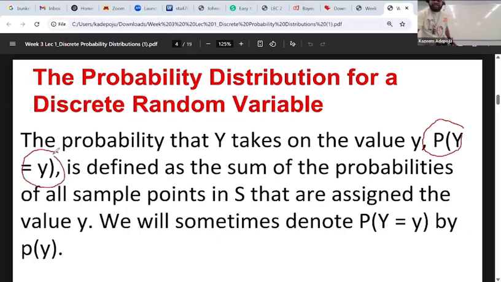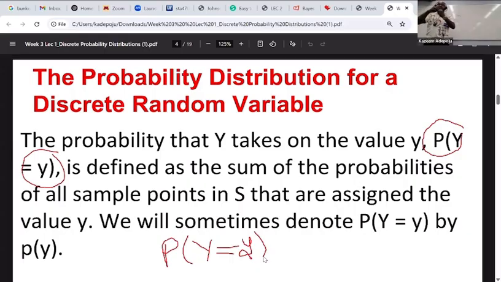When you take a look at what I have, it is trying to say: what is the probability that my random variable will actually take a realized value? Like, what is the probability that my random variable is going to be 0? What is the probability that my random variable is going to be 1? That's exactly what I mean.